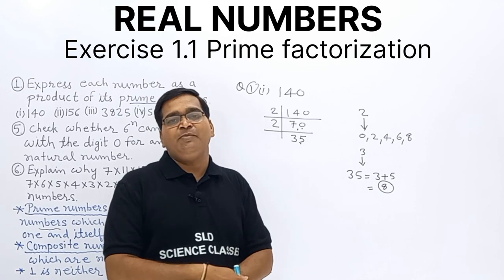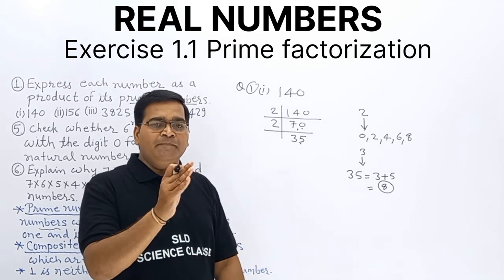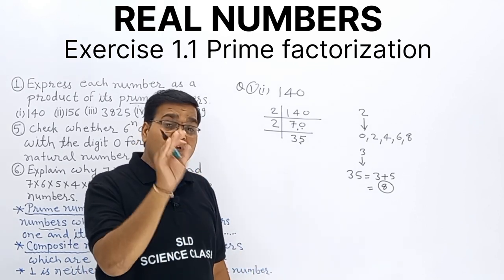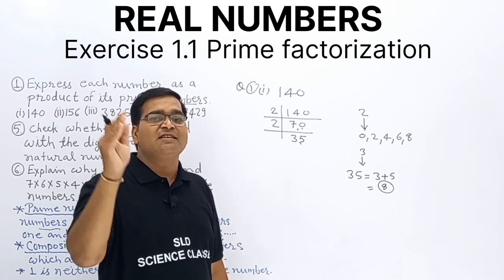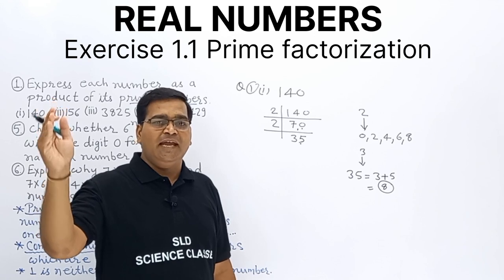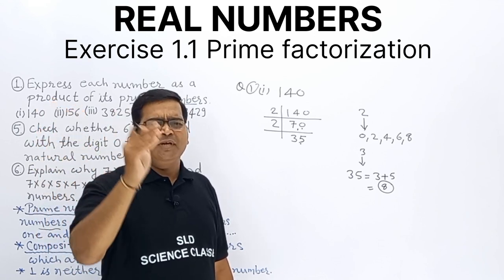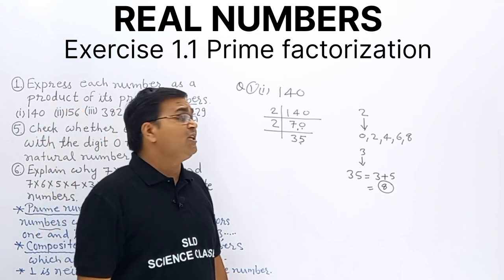Now observe, if the sum of digits of the number is a multiple of 3, then it is divisible by 3. Multiple of 3 means what? It is in the table of 3: 3 1 ja 3, 3 2 ja 6, 9, 12, 15, 18, 21, 27. These are the multiples of 3.